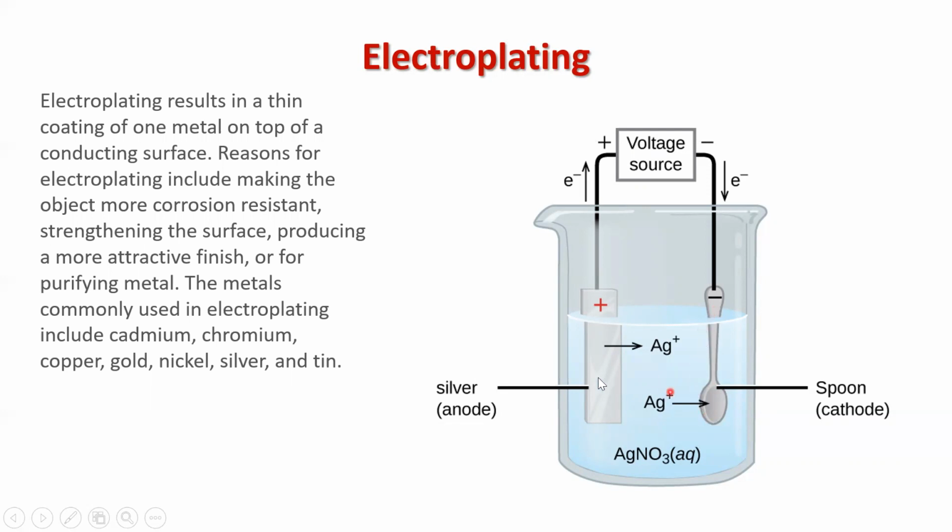onto the spoon. The mass of the silver electrode here would go down over time as the silver atoms are becoming silver ions. And the mass of this spoon would go up over time as the silver ions become silver atoms and plate this spoon.